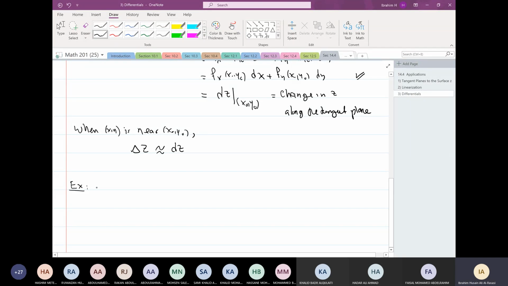So now let f of x, y, let z equals x squared plus 2y squared.